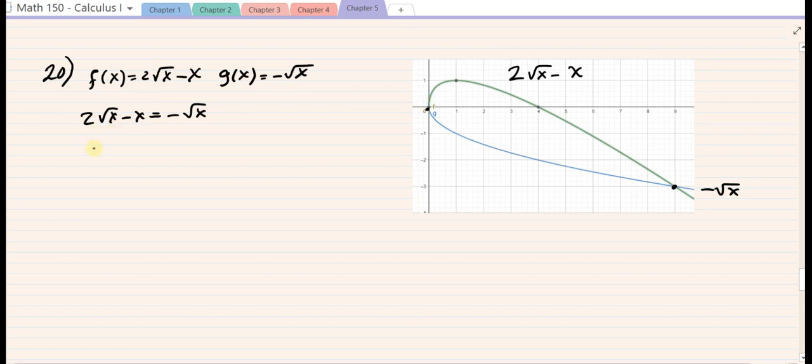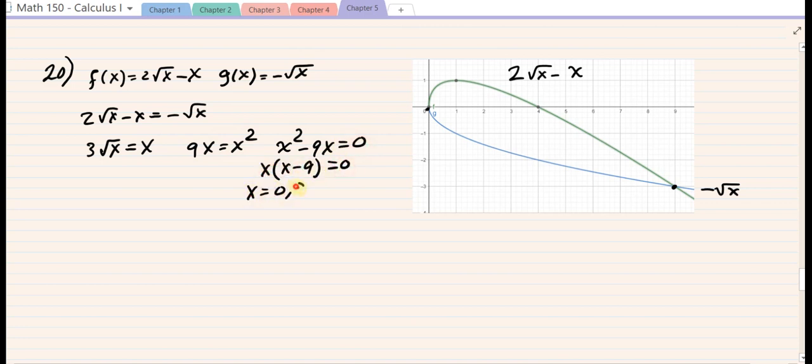So if I add root x to both sides, I get 3 root x. Bring x to the other side. Square both sides, I get 9x equals x squared. Then x squared minus 9x equals 0, and by factoring, I find the points of intersection to be 0 and 9. And that's what we see here on the graph: 9 and 0, the origin.